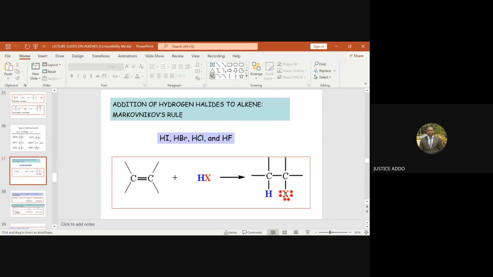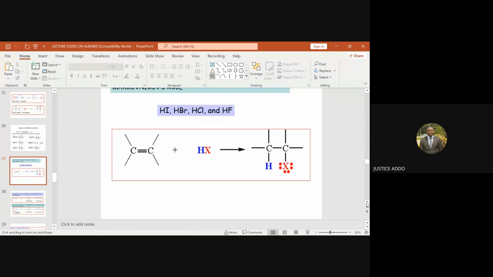To them that has more is given. So it means that if you are adding a halogen acid to an alkene, there are two carbons that bear the double bond. Look out for the one that has more hydrogen, and then the hydrogen from the acid goes to that side, then the halogen goes to the other side. And that is Markovnikov's rule. And like I said, you will get to know the significance of Markovnikov's rule soon.